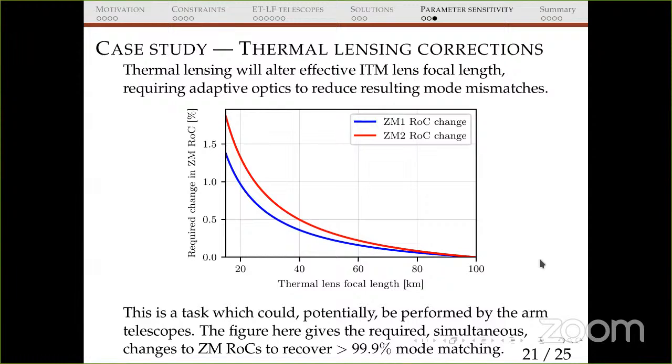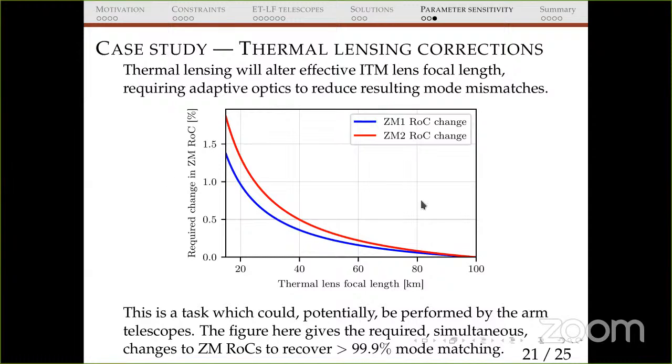So this plot shows the thermal lens strength in terms of the focal length of this lens, and the y-axis shows the simultaneous change in the radii of curvature of both the telescope mirrors that are required to recover full mode matching of the SRC to the arm cavity.